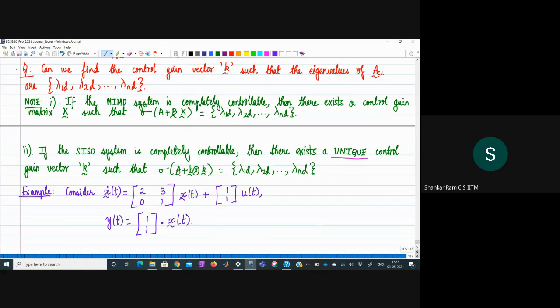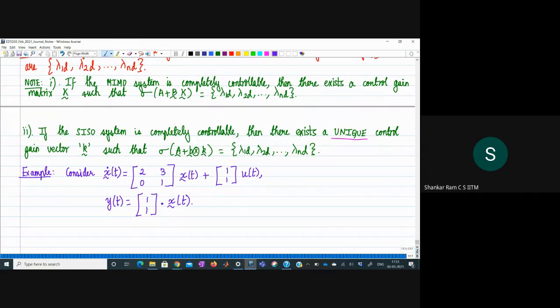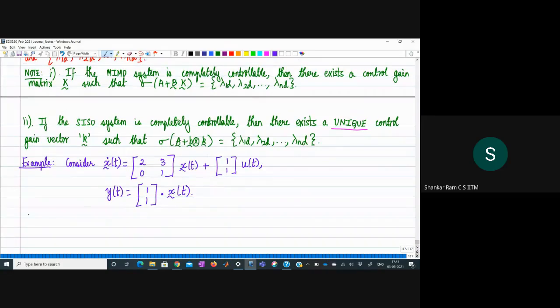As we can readily realize, this is a second order system. We want to design a full state feedback. So the problem statement is the following.